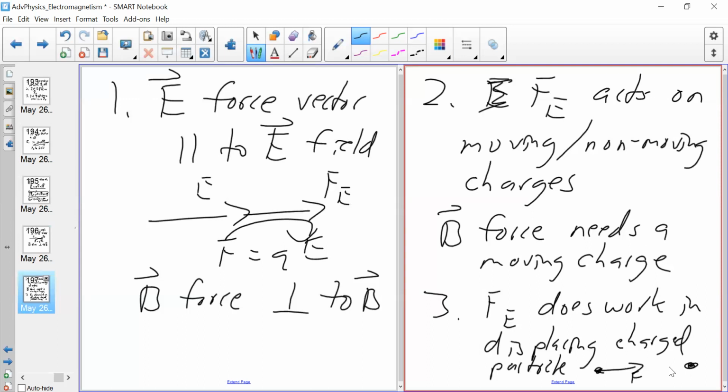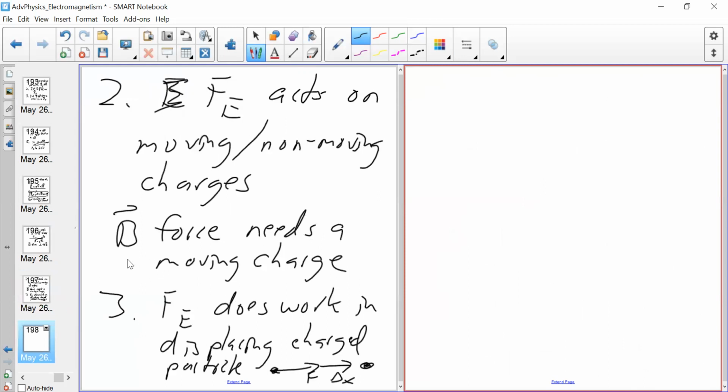The electric force and displacement in the same direction means work is going to be produced: F delta x. So it's parallel. Even anti-parallel, we can have friction or some sort of retarding force that's producing work.